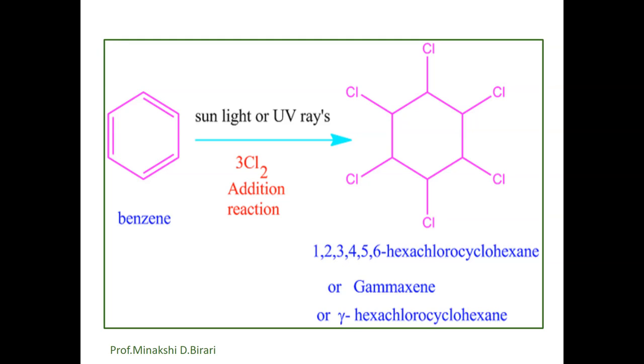For the UV source, a mercury vapor lamp can be used, the temperature is maintained between 15 to 20 degrees Celsius, and the pressure is maintained slightly above atmospheric pressure. So there are two processes useful to form the product from benzene and chlorine: one is the batch process, another is the continuous process.